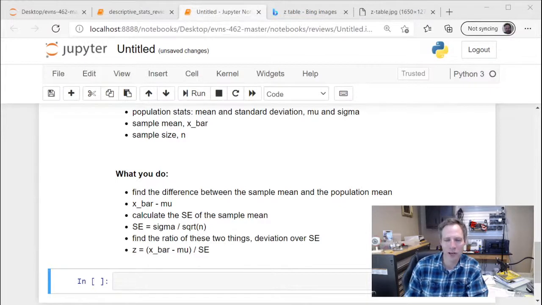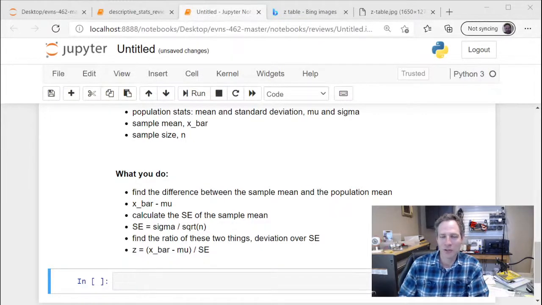The reason you would never actually probably calculate a z statistic is your sample size is too small. And when you have small sample sizes, you can't really estimate sigma for the population very well.